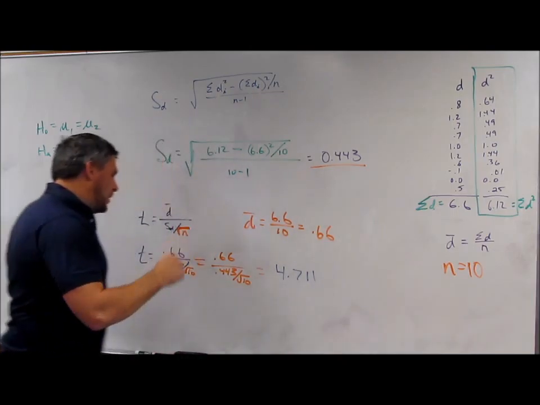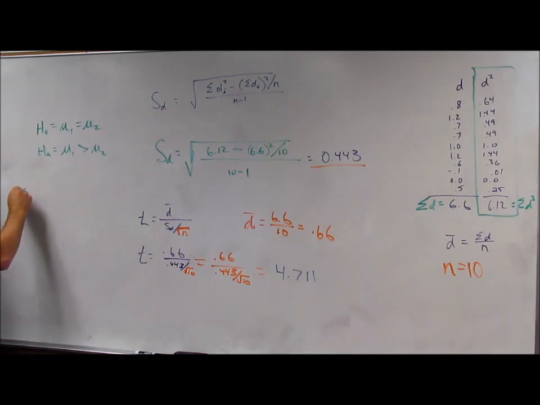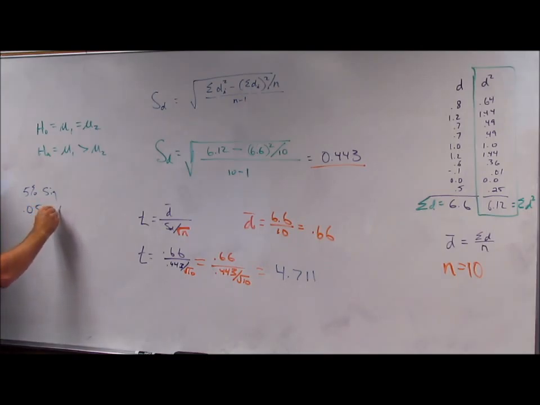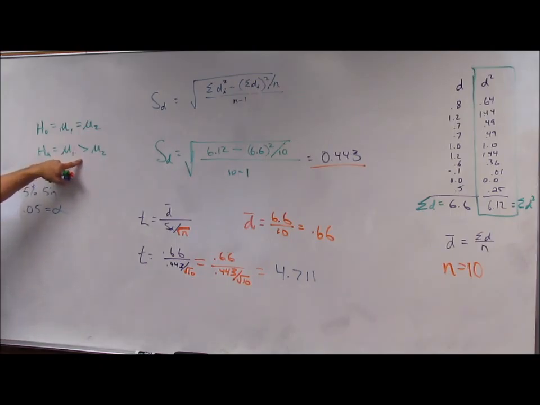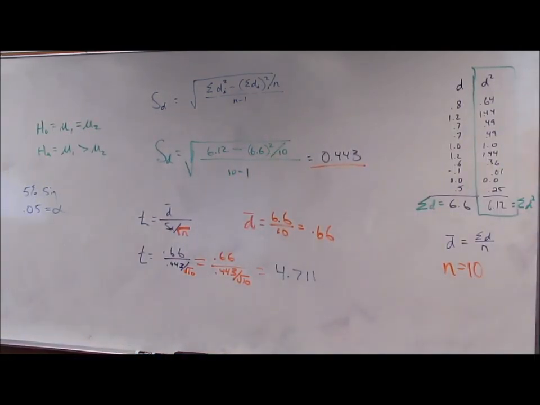4.711. And when we're looking up, remember, we wanted 5% significance. That meant alpha equals 0.05. Is this a one-tailed test? Yeah. Remember, it's a greater than, so we're looking at the positive. When we look up 0.05, I think that's 2.33.